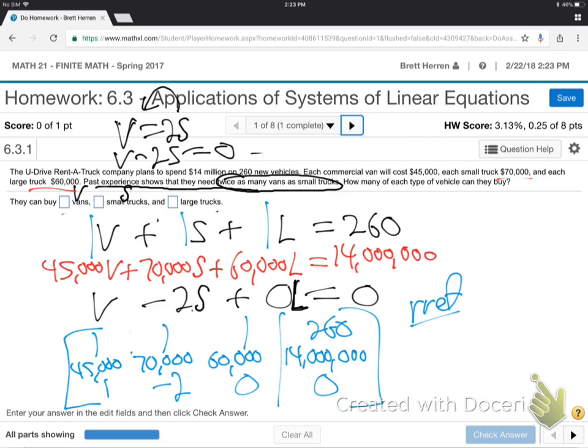I'm getting 160, 80, and 20 for vans, small trucks, large trucks. Did you guys get that? 160, is that 80? Yeah, 80 and 20. Good? All right, better move on.